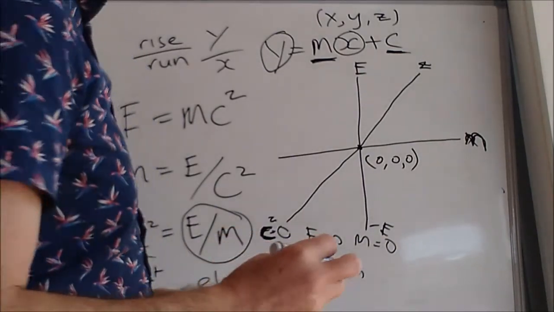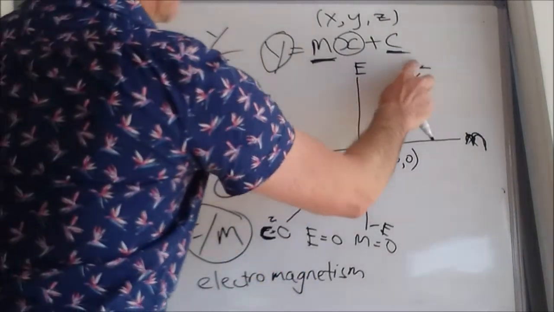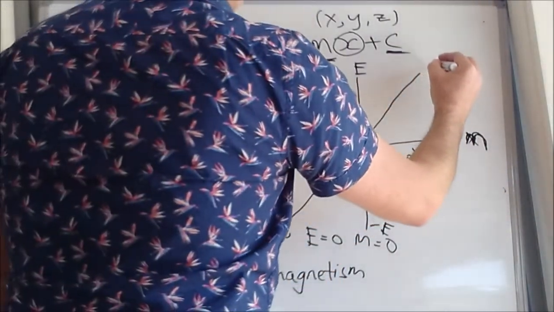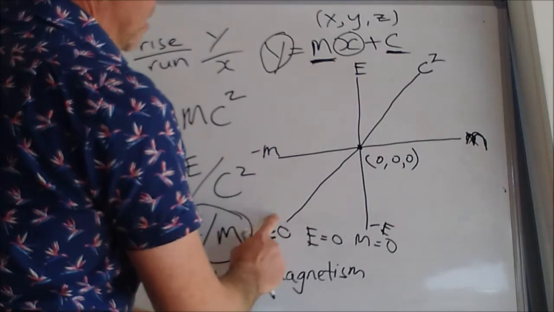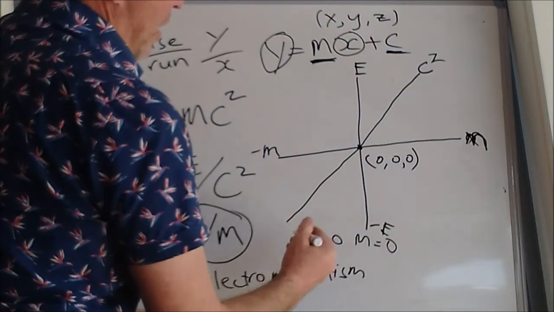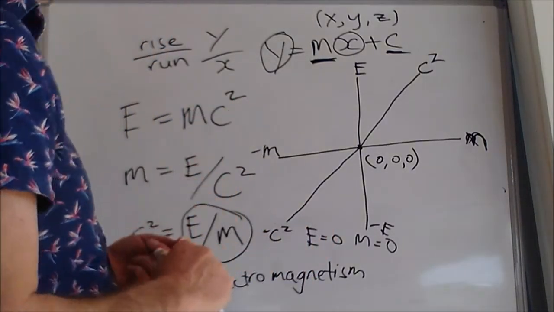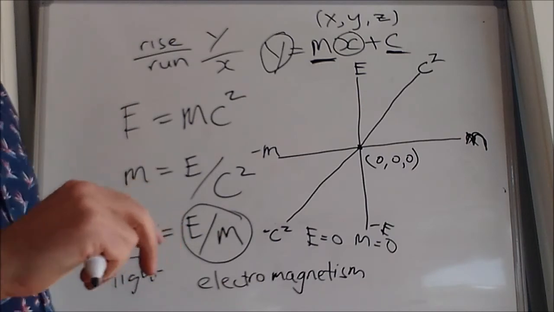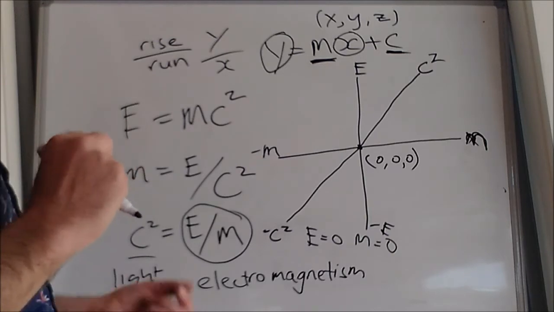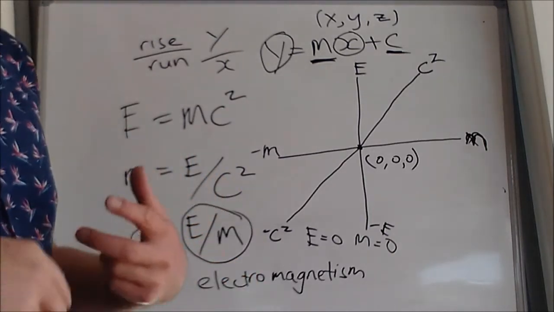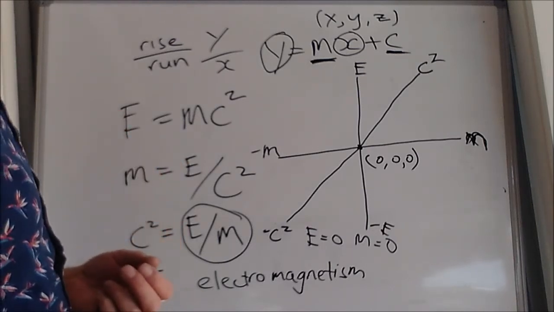So M is the x-axis, M negative M. And the z-axis is C squared and negative C squared. So here we have extended Einstein's formula by rearranging it and looking at the geometry of light with respect to the right-hand rule of electromagnetism.